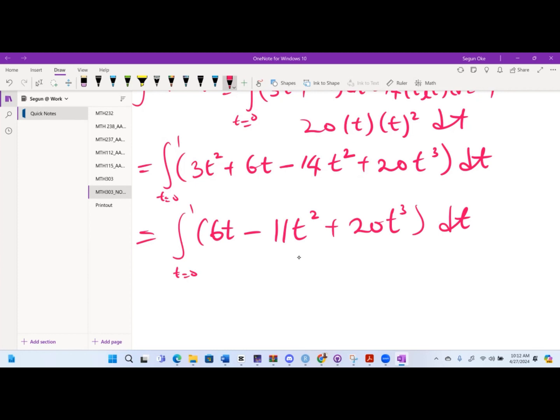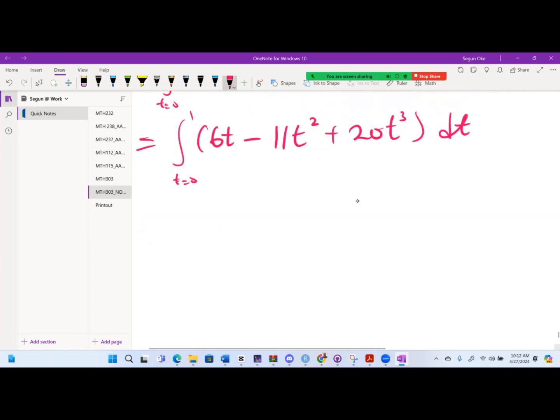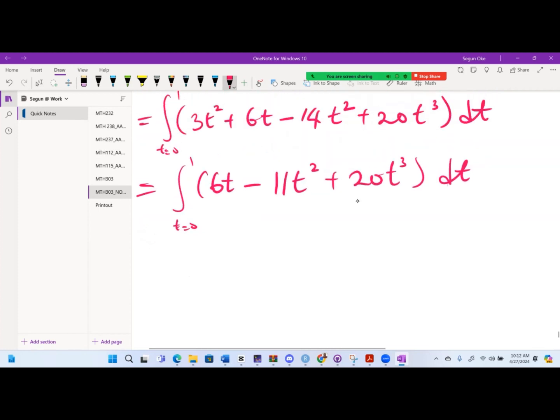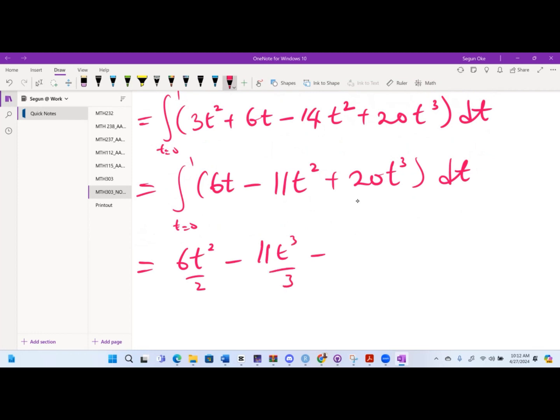So we can now integrate and substitute our limit. When you integrate and substitute your limit, I have 6t squared over 2 minus 11t cubed over 3 plus 20t to the fourth over 4, from 0 to 1. I only need to do the one of 1. I don't need to bother myself with the 0.